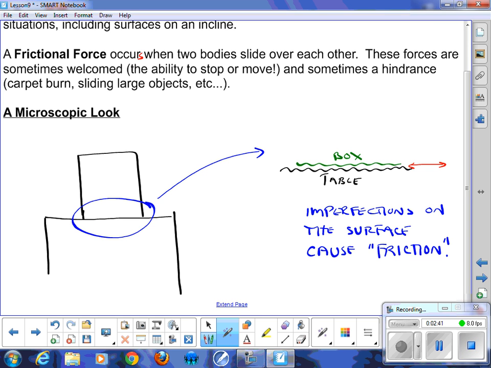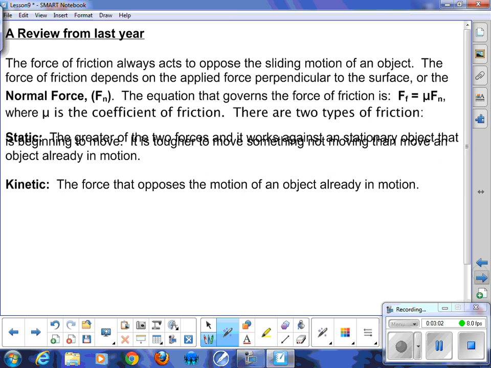If you don't press your hands together very tight and rub them, they warm up. If you press really hard and then rub them back and forth, the imperfections in your skin, rubbing and grating against each other, create that heat from that frictional interaction. So it's those imperfections that are our main problem when it comes to friction.